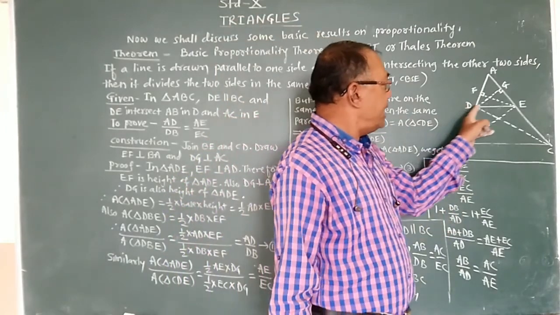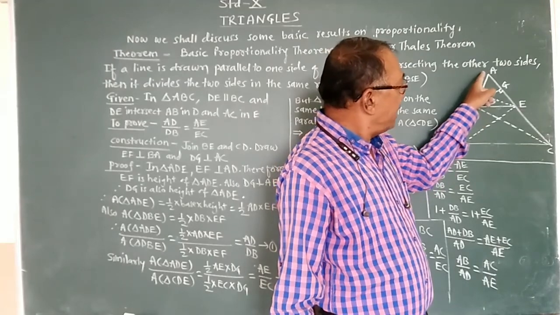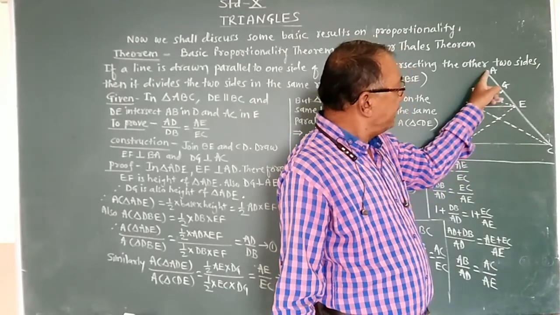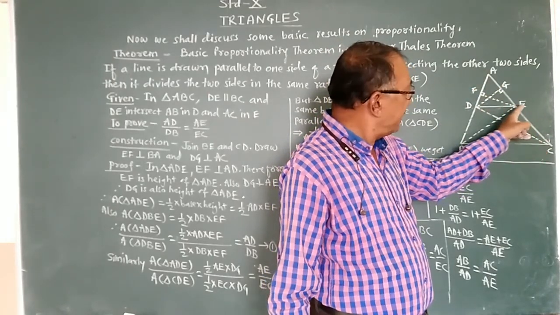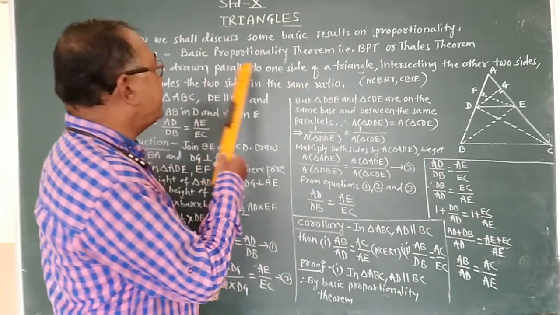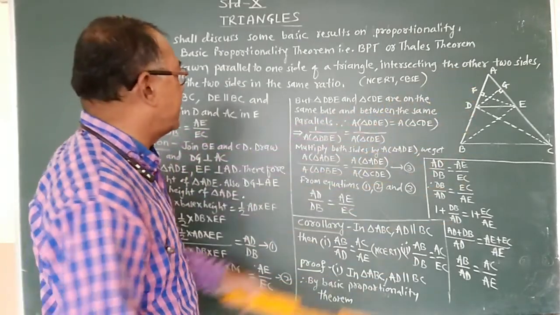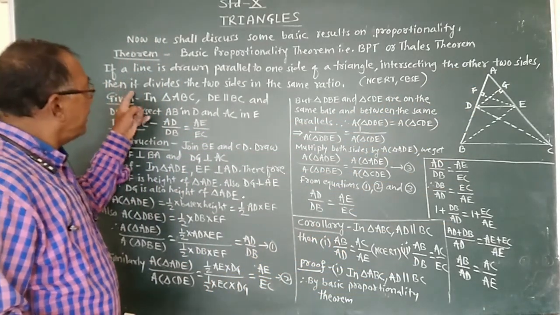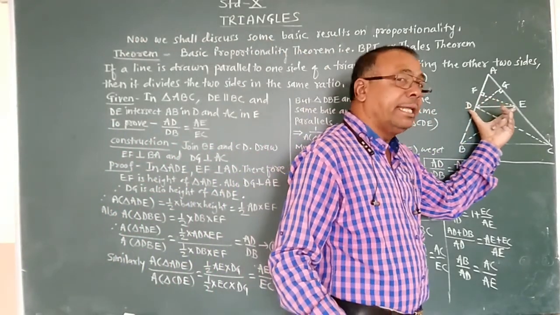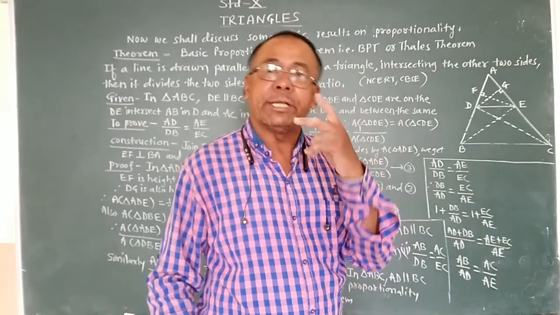That is, DE intersects AB in D, while DE intersects AC in E. So the line is drawn parallel to one side of the triangle, intersecting the other two sides. Then it divides, meaning DE divides the two sides in the same ratio.